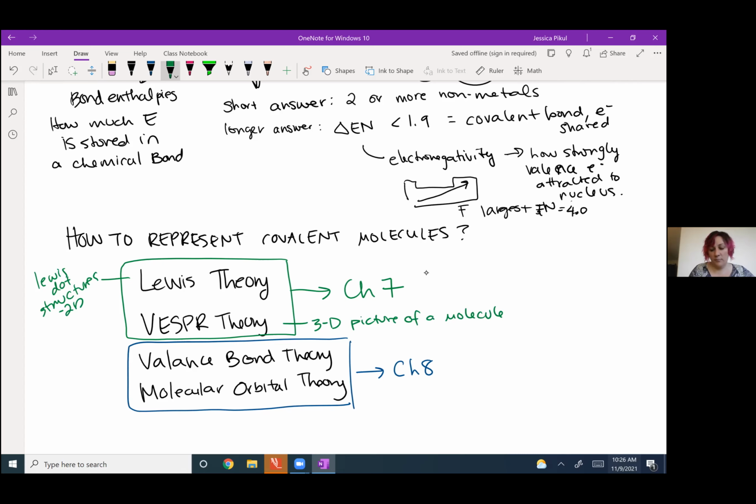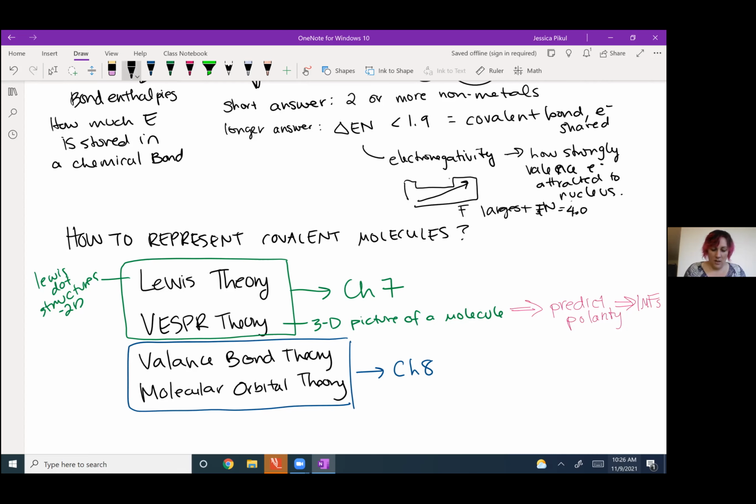Which will be really important later, when we start talking about intermolecular forces, because having an idea of the molecule in 3 dimensions will allow us to predict polarity, which we'll use to understand intermolecular forces in Chem 162. So we'll use that a lot.